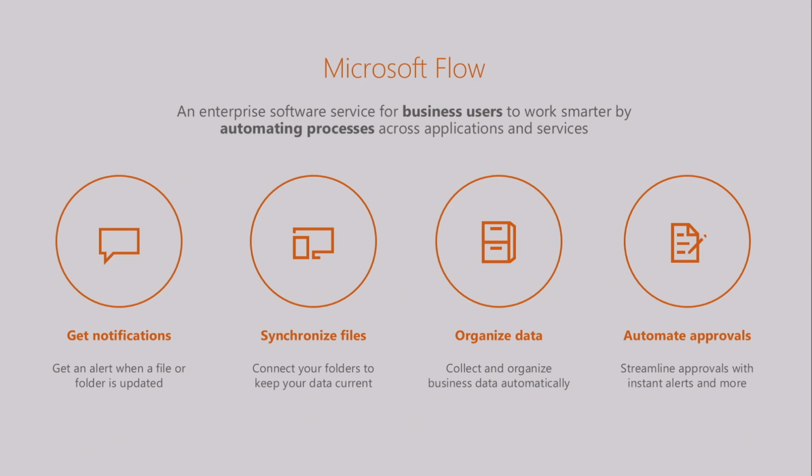Well, being able to get notification when something's happened, being able to move files from one place to another, being able to trigger when, for example, an opportunity has been marked as won in a customer-facing Salesforce system, being able to pick it up and bring that information into Office, or being able to, as Karem walked us through before, build automation around an approval process for documents or requests.